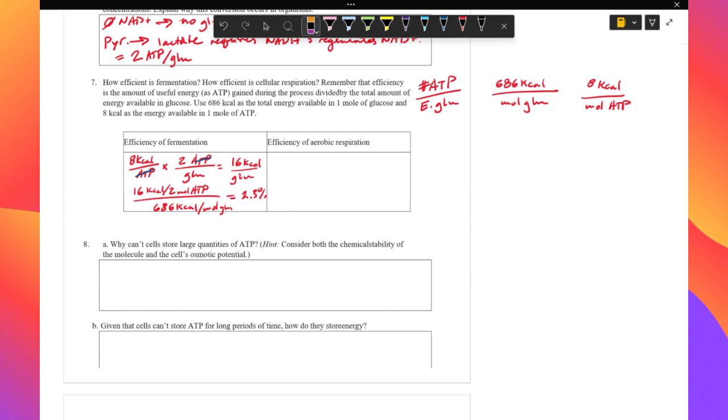So fermentation has an overall efficiency of around 2.3%.